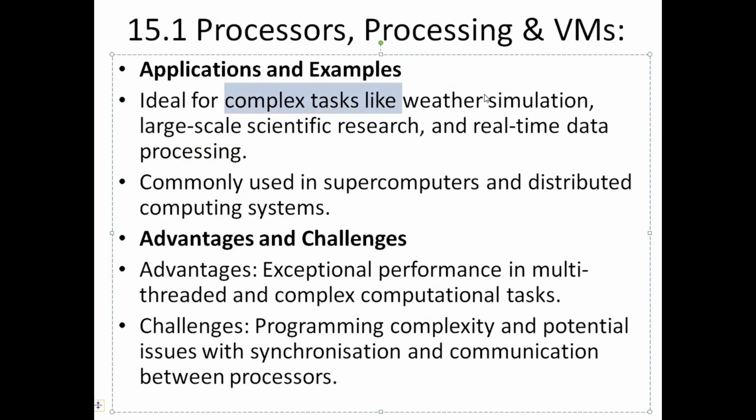This type of architecture is ideal for complex tasks like weather simulation, scientific simulations, like if you're trying to simulate a black hole or some large complex biological processes, or something like large complex molecules, large scale scientific research and real-time data processing.